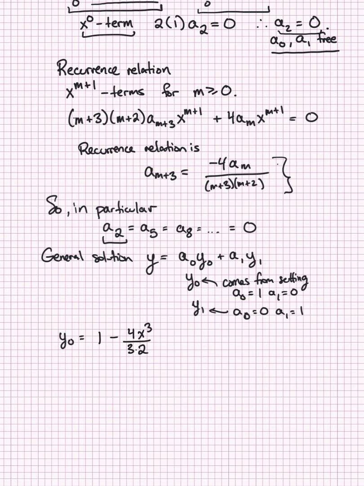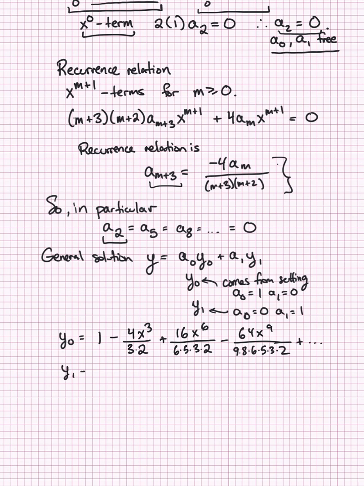We have to jump up to x cubed because we're already looking at a3. Then we have plus 16 x to the 6th over 6 times 5 times 3 times 2, and so on. Next one, 64 x to the 9th over 9 times 8 times 6 times 5 times 3 times 2, and so on.